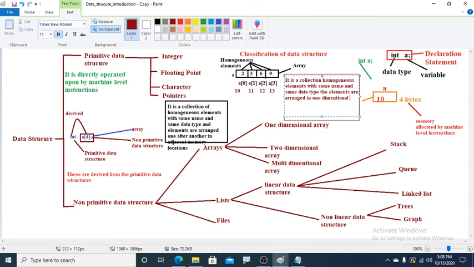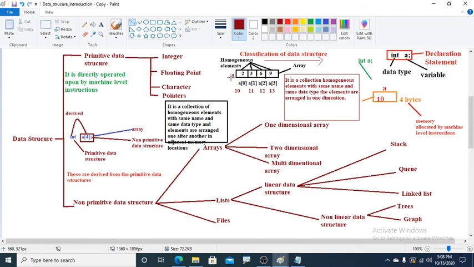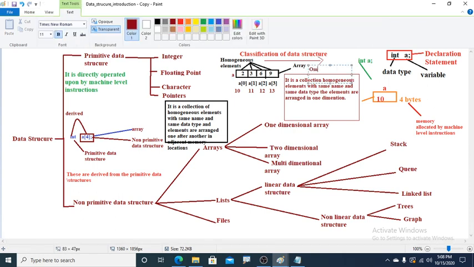So it is an example of a one dimensional array. So this is the explanation about one dimensional array.